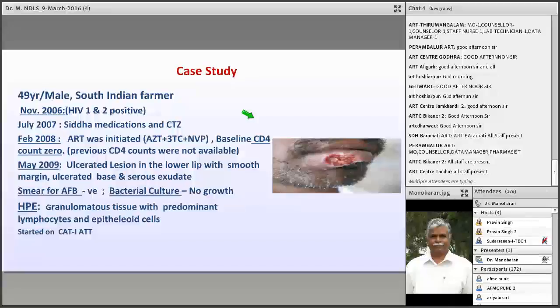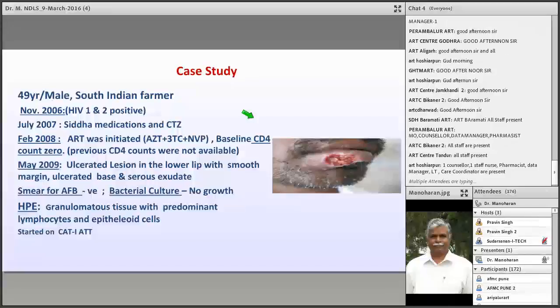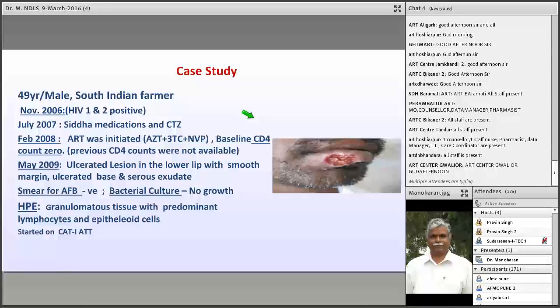Actually we saw this case at Government Hospital of Thoracic Medicine at Chennai, and though we came across 7 similar cases, I am going to tell about one particular case, and this case study was published in Medical Microbiology in India. So it's a 49-year-old male, a South Indian farmer.